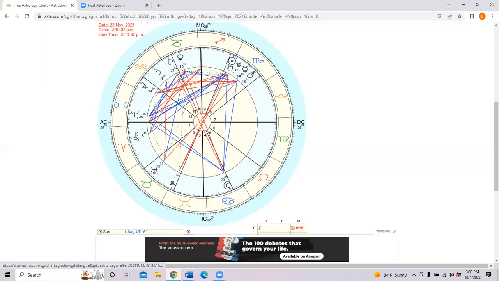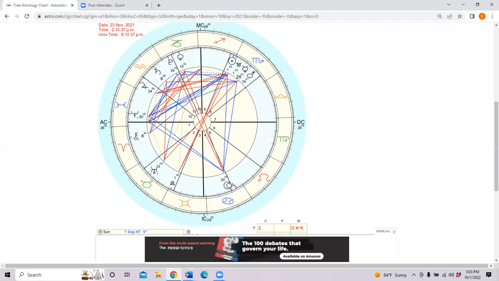So wherever the solar return sun falls by house can give you an idea of what areas of life have a light shined on them or are illuminated just by virtue of the sun being there. So you definitely want to take that into consideration. In this case, it is in the eighth house.